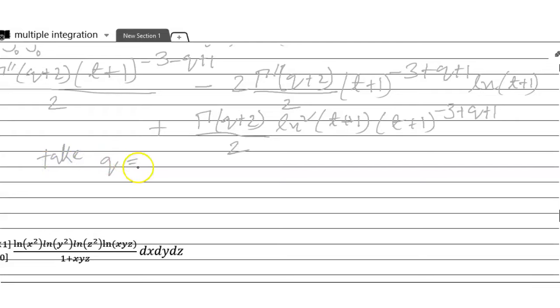I can take q is equal to 1 and t is equal to 0.